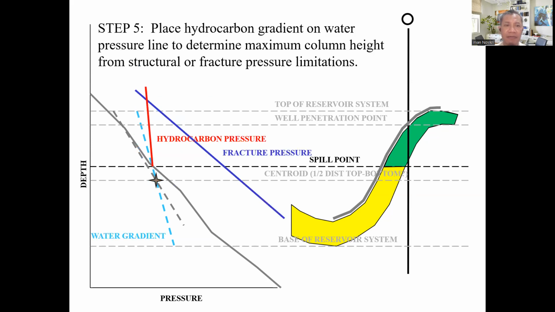In step number 5, the hydrocarbon gradient is added to the water pressure line to calculate the maximum height of the hydrocarbon column in the reservoir. This calculation considers the depth, pressure, fracture pressure, and hydrocarbon pressure. It helps determine the limitation imposed by structural or fracture pressure on the height of the hydrocarbon column in the reservoir.